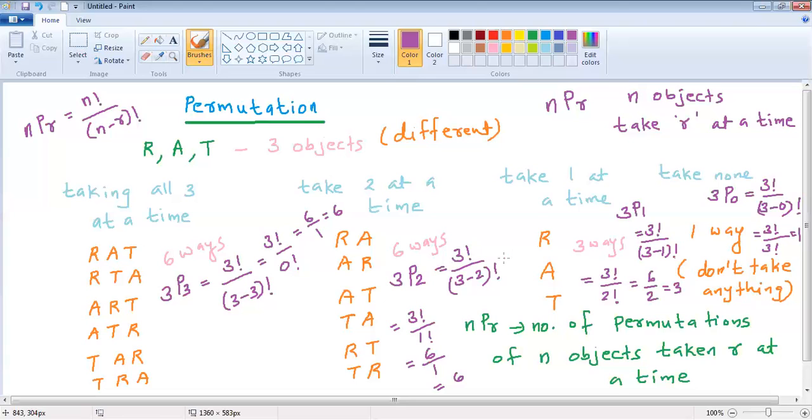I will tell you one situation. Suppose from your class you have to select 2 students for playing badminton. For example, if you select Gopal and Sanket, or if you select Sanket and Gopal, in whichever order you say it, it's the same thing.